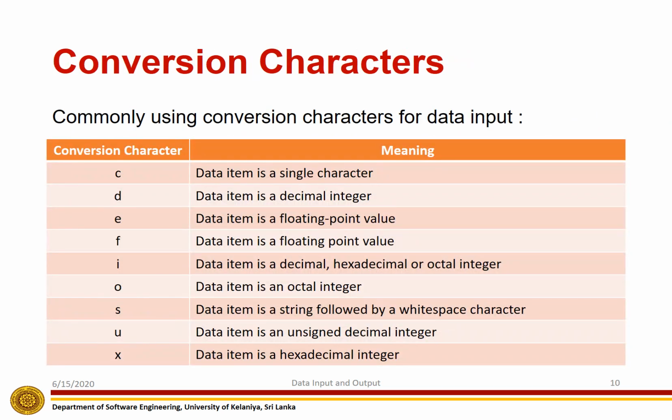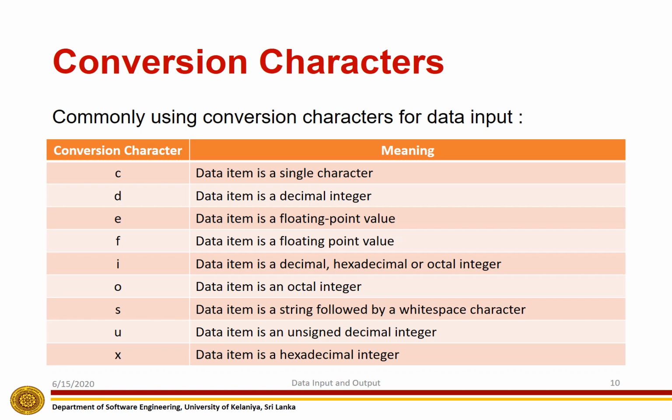Before that, here are some conversion characters that are most commonly used for data inputs. For a single character, if you want to input a single character in your program, you must write %c inside the control string.